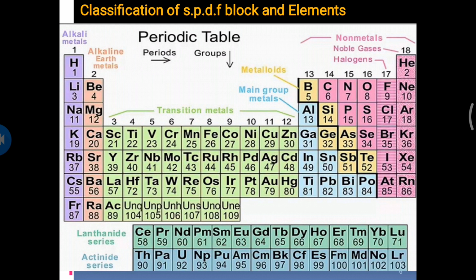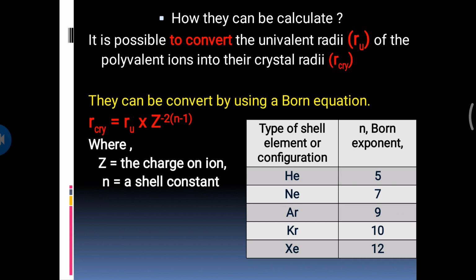Similarly, calcium loses 2 electrons to form Ca2+, and it belongs to the argon family. So the argon family's Born exponent n is equal to 9.